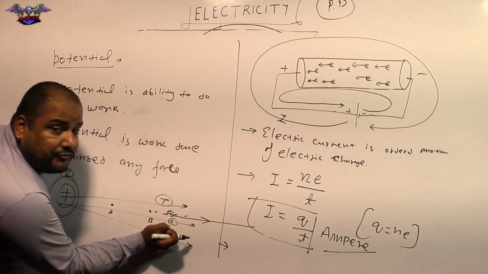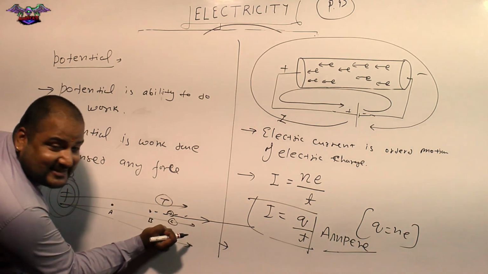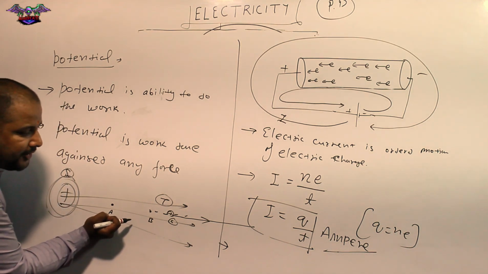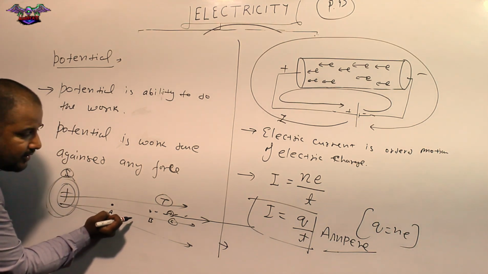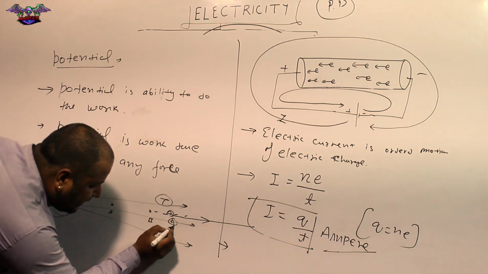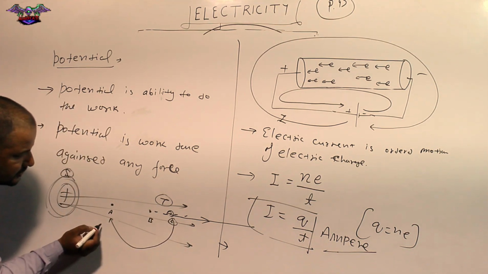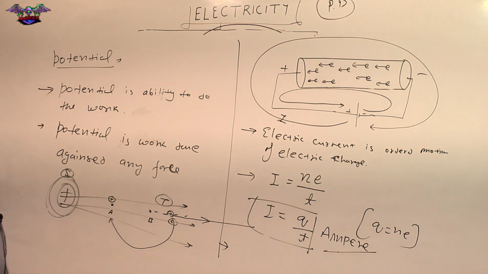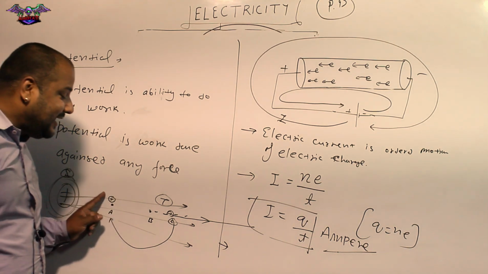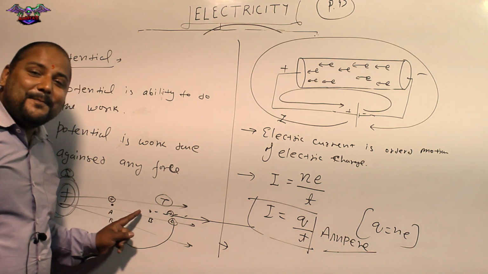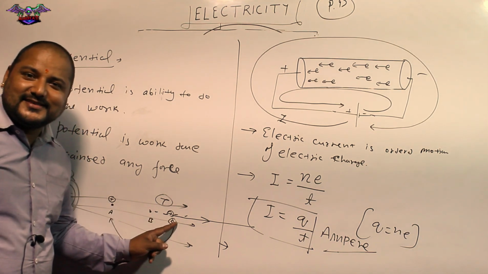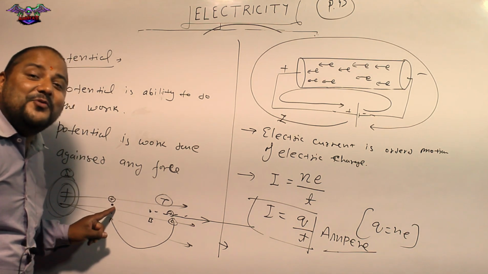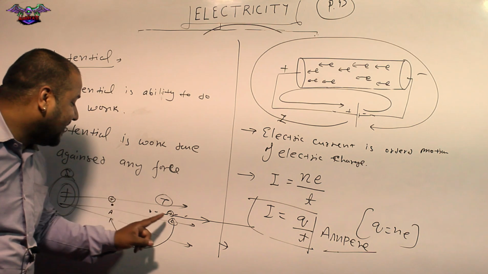Now if I do the work to carry this charge towards the point A, then I try to carry this test charge to point A. Now this charge will automatically go through B, then C. Now this charge has ability to do the work automatically.